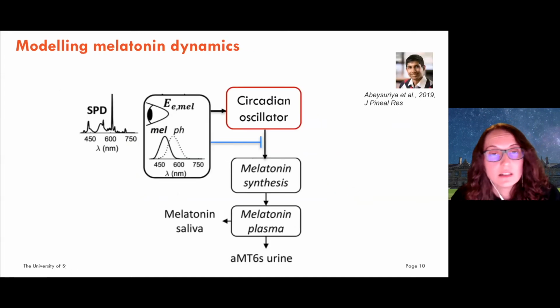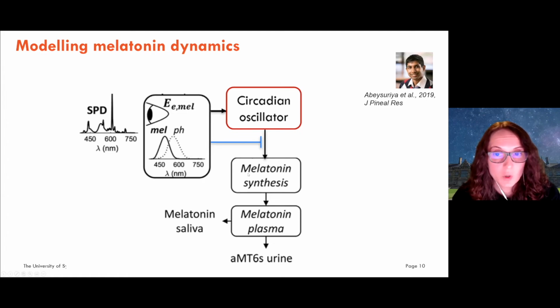And finally, the other effect of light on the circadian rhythms is the suppression of melatonin during nighttime. What we have done is incorporate melatonin profiles in the model, where the melatonin synthesis is triggered by the phase of the circadian oscillator, and then melatonin from the pineal is released into the plasma, and from plasma it diffuses to saliva, and it's also then broken down into metabolites and excreted by urine.